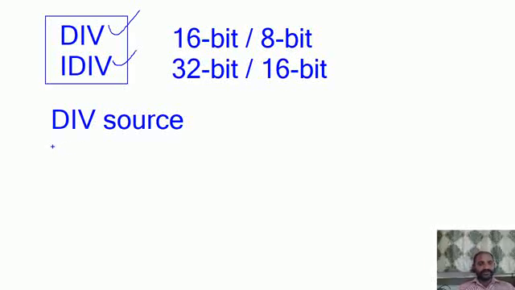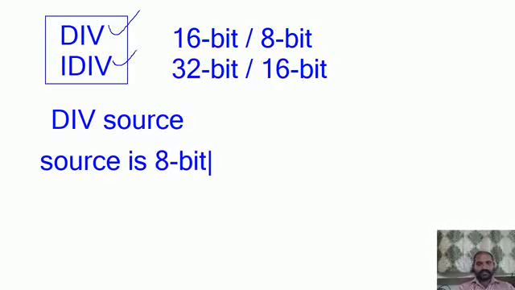So let me take the source as an 8-bit number. If the source is an 8-bit number, it is the denominator, and the numerator should be a 16-bit number.